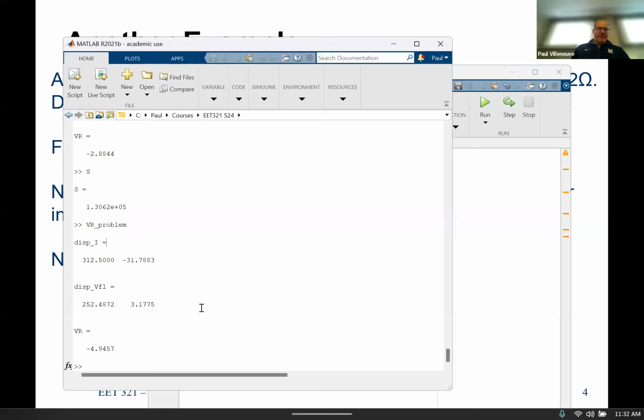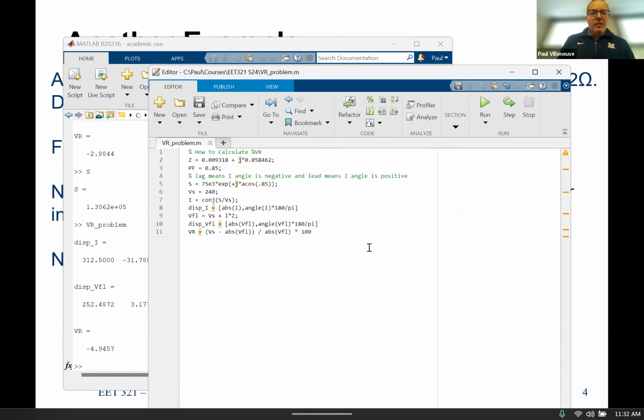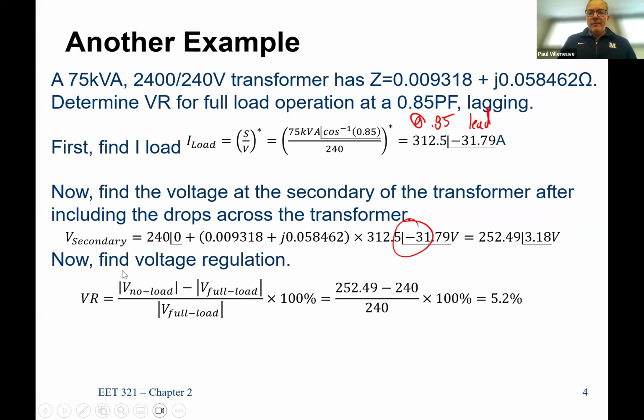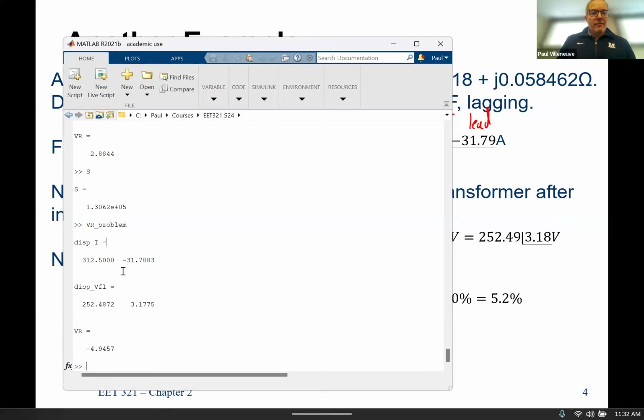Now I get 312.5. My voltage still says it's 252. Only gone down a little bit.